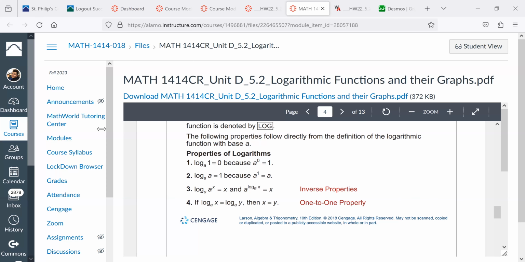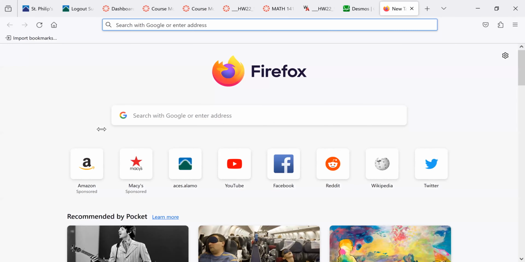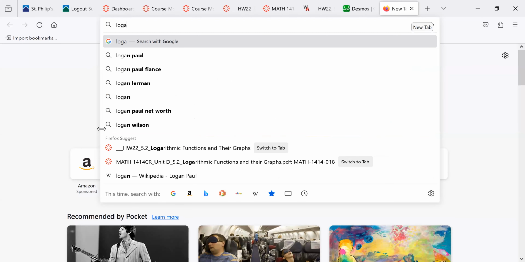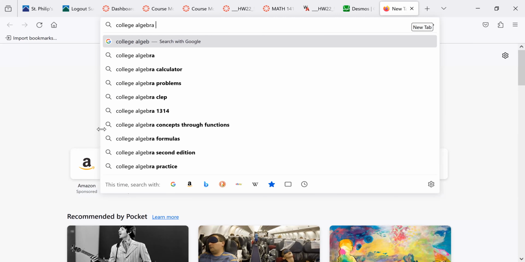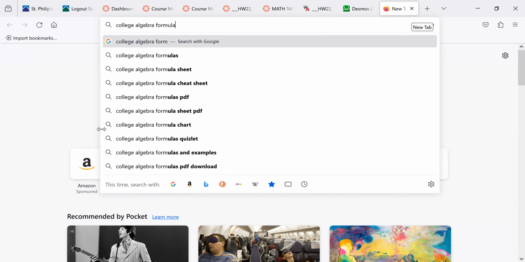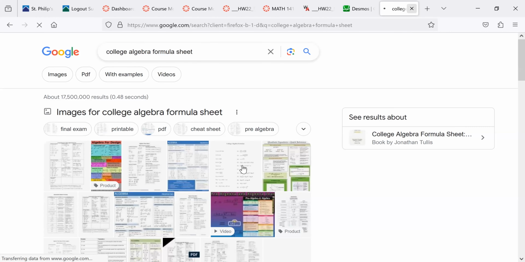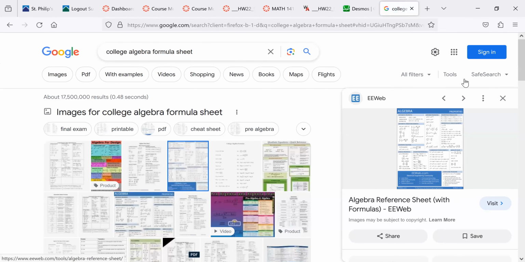Okay. Let me see if I can find it. If not, I'll just have to log into my personal computer and send it to you guys. It's this blue one, is this familiar?